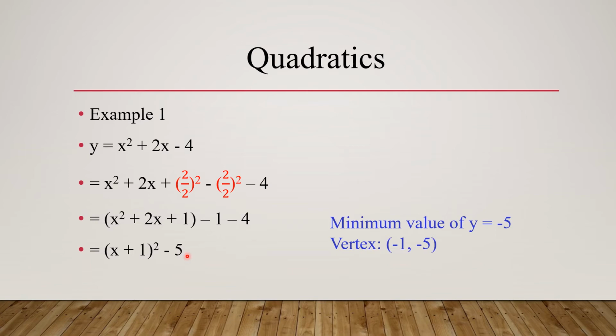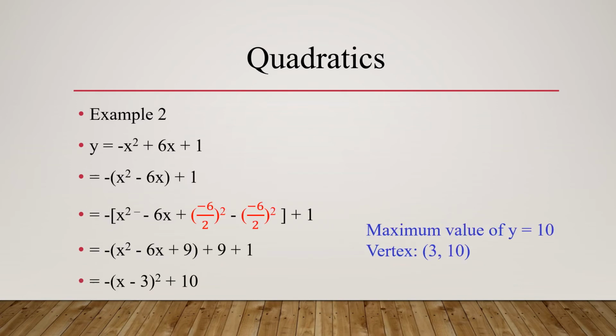And as we said before, when a is greater than 0, this is a graph opening upward, and the function y would have its minimum value, so now it's minus 5, and it means when x equals minus 1, y is minus 5, and the vertex is (minus 1, minus 5), which is the minimum point.